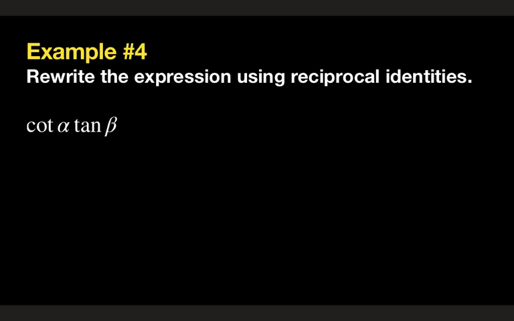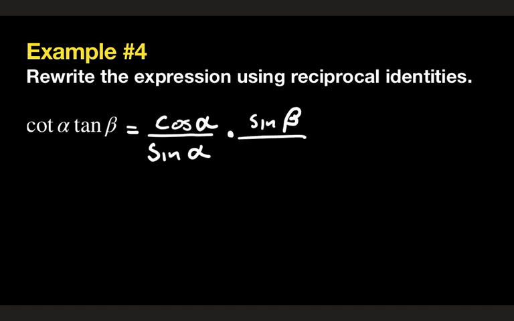For problem number 4, now you have two variables. You have alpha and you have beta. So you're going to rewrite this as cosine alpha over sine alpha times sine beta over cosine beta.